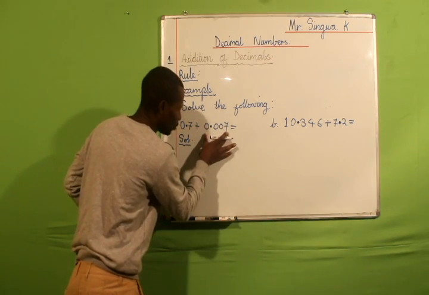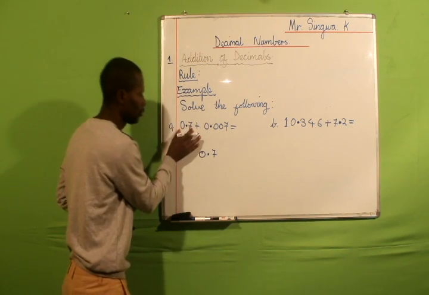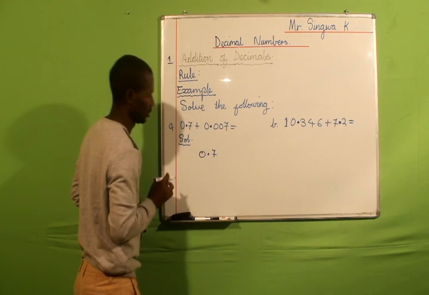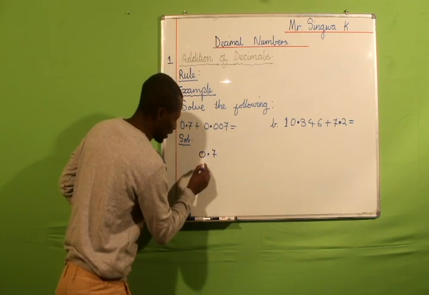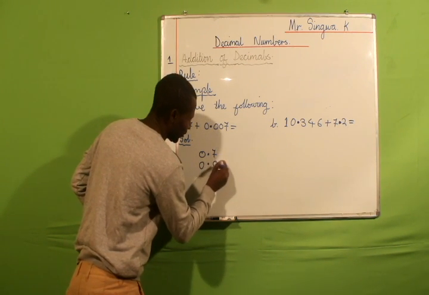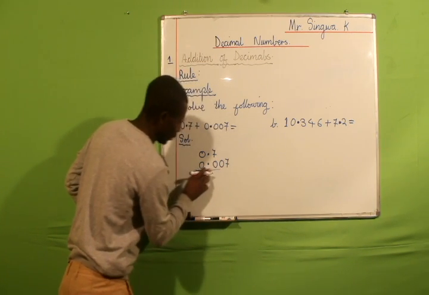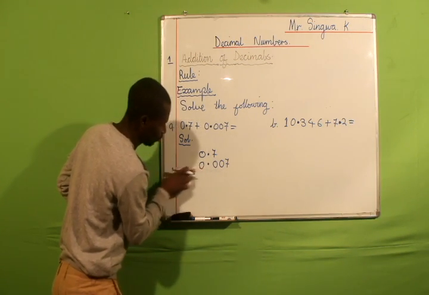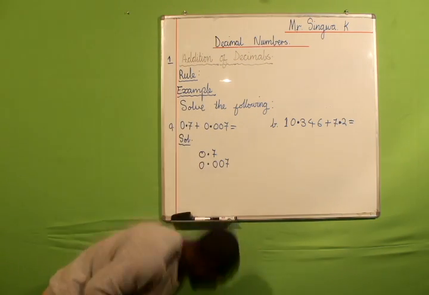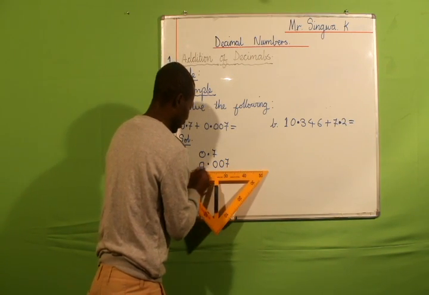These are 4 digits, these are 2 digits. 2 digits against 4 digits. So here we write again 0.007. Someone would wonder why I have not written the plus sign anywhere.